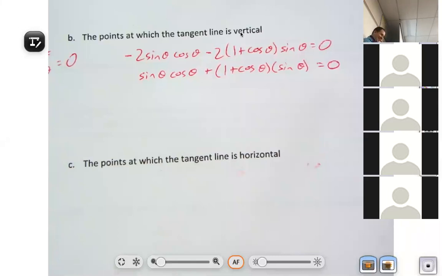From there, I would subtract sine theta cosine theta from one side, move it to the other, and then proceed to divide by it on both sides. If that makes any sense.